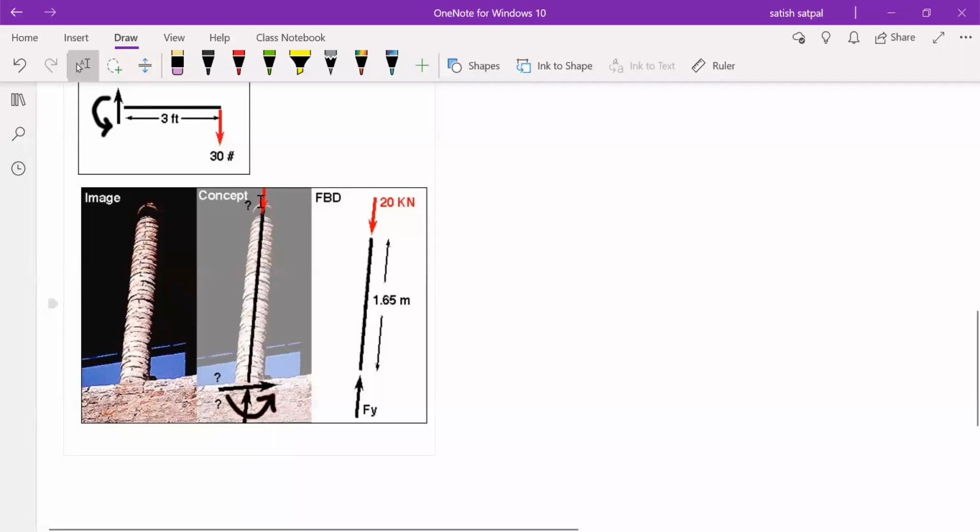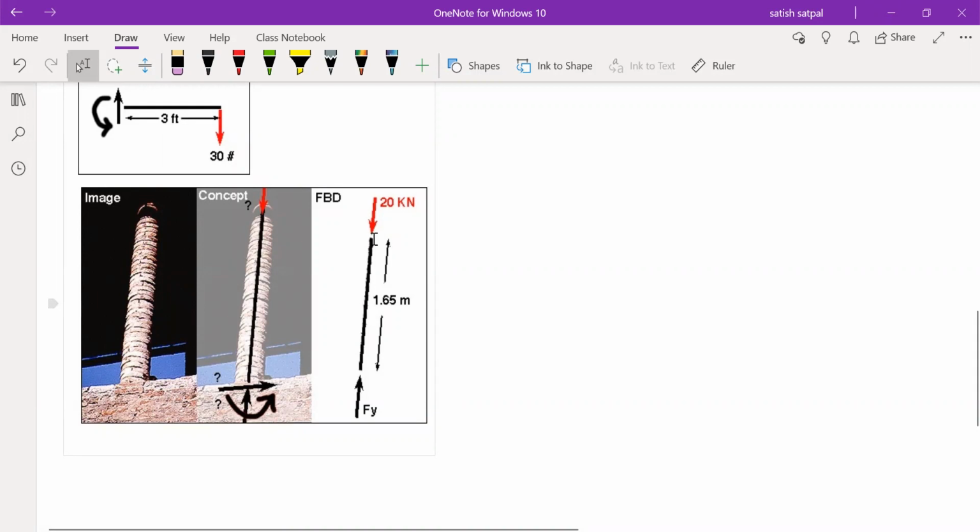Then at the bottom it is fixed, correct? Now here you can see there are 3 reactions. One is horizontal, another is vertical, and there will be a moment. It is shown here. Now this concept is transformed into our mechanical problem.